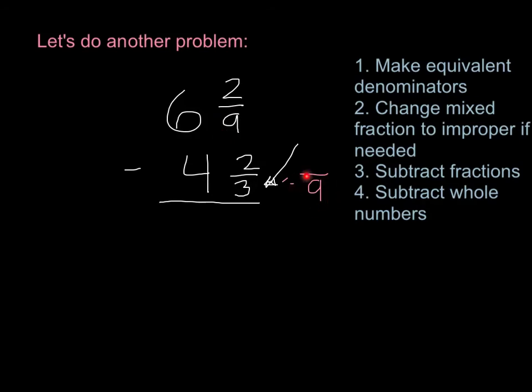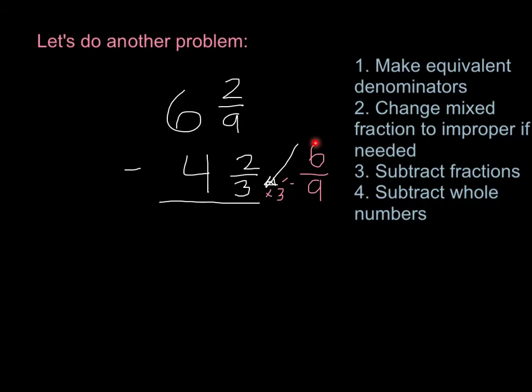So in this case, 3 times 3 is 9. So 2 times 3 is 6. Now, once again, referring to our last slide, we can't do 2/9 subtract 6/9 because this fraction below is bigger.